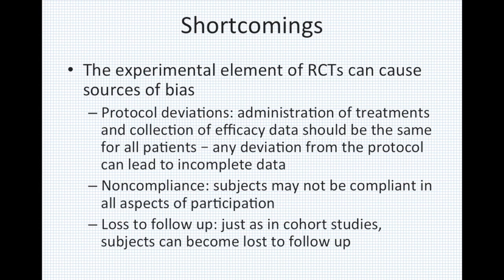Next, non-compliance can also be a source of bias. Subjects may be non-compliant in all aspects of participation, and this is particularly a problem in experimental studies because patients have a degree of responsibility in showing their cooperation. Lastly, loss to follow-up can also be a problem. Just as in cohort studies, subjects can become lost to follow-up.